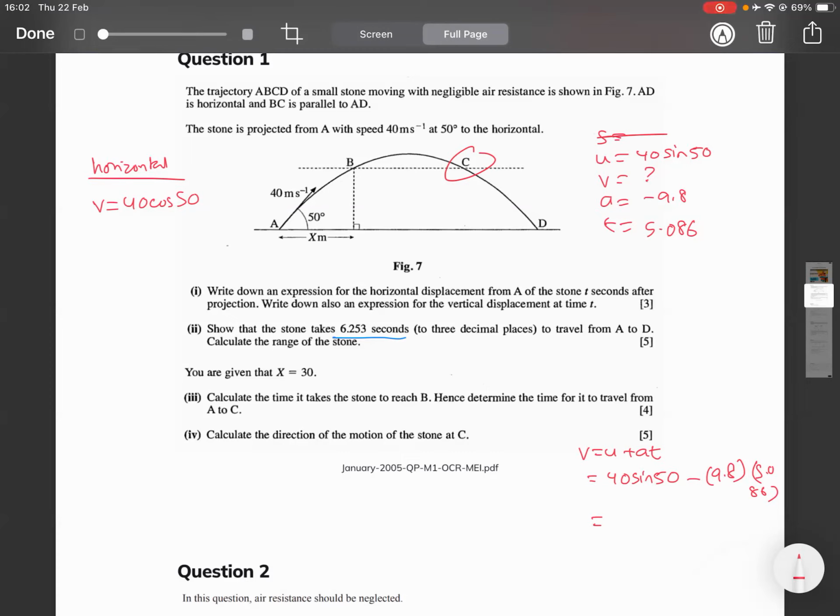Which is minus 19.2. And that sounds sensible because it should be going down.